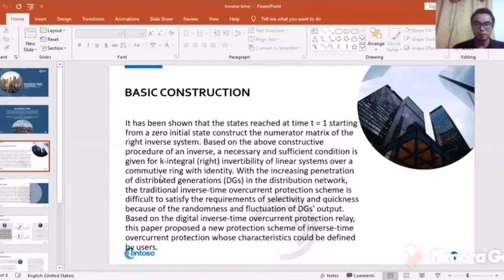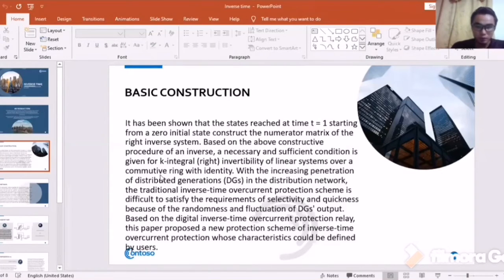Okay, next, basic construction. It has been shown that the state reached at time t equal to 1, starting from initial state 0, construct the numerator matrix of the right inverse system.